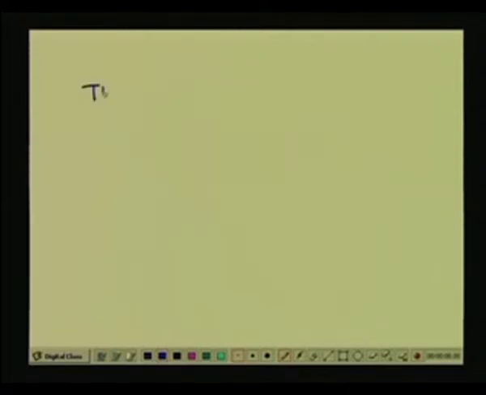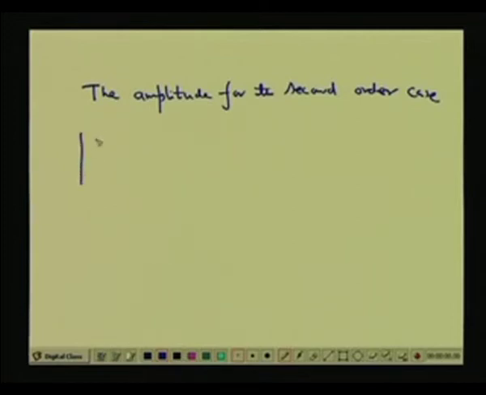So, if I look at the amplitude ratio for the second order case, it is given by E2 by E0 equal to 1 by 2 pi Fm into tau f square plus 1.